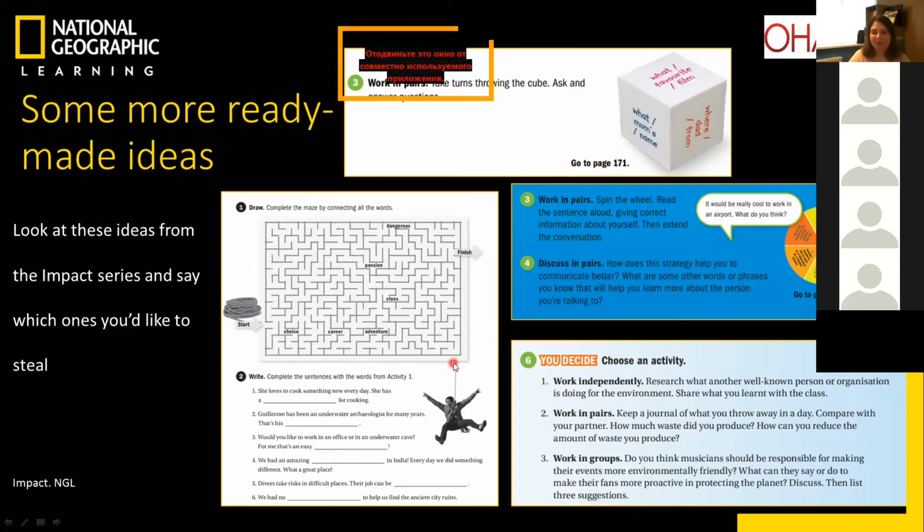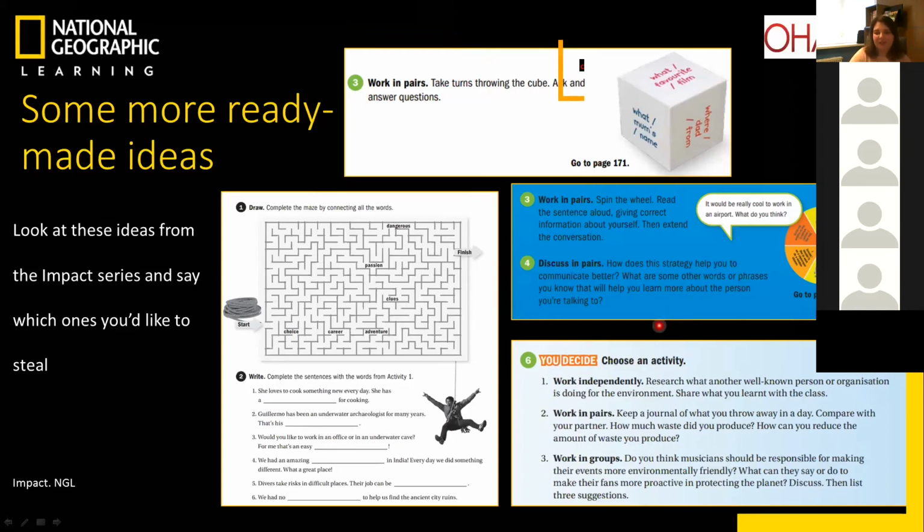The aim is to revise and practice the keywords which are here in the maze. The way the students are going to do this task is pretty interesting and pretty creative. They need to find the way out.